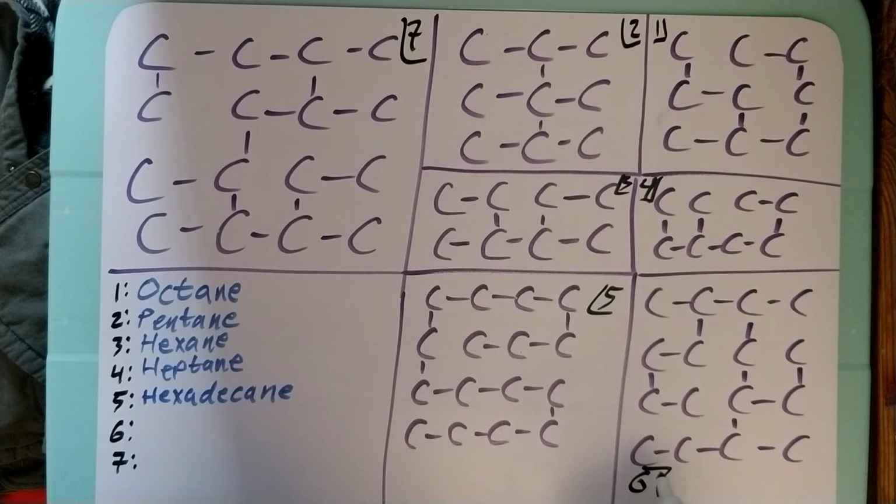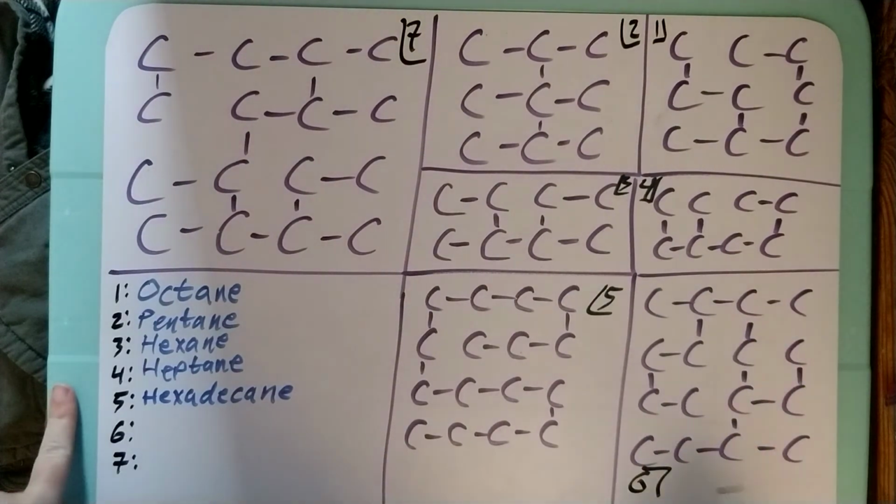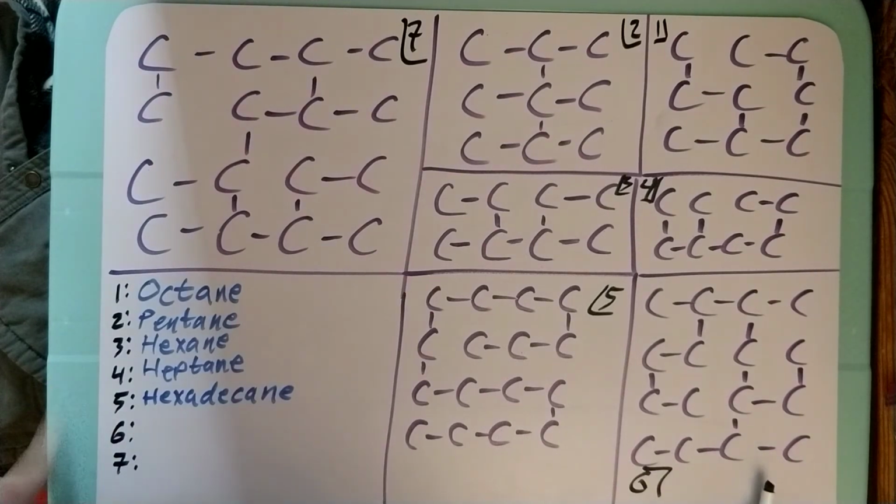Alright, now number 6. Now this one has a few more branches in it, so this might take a little bit longer for you to figure out. So let's just start at the bottom and see what we have here.